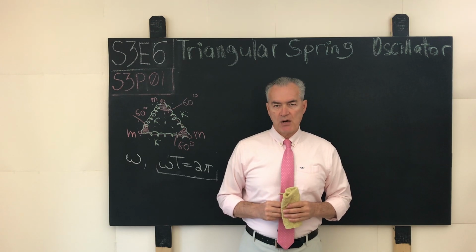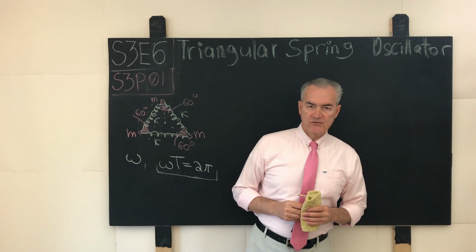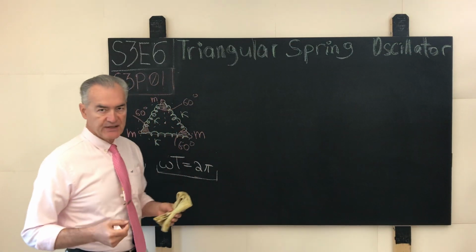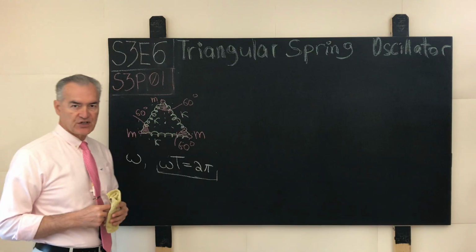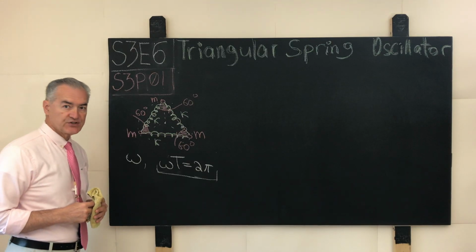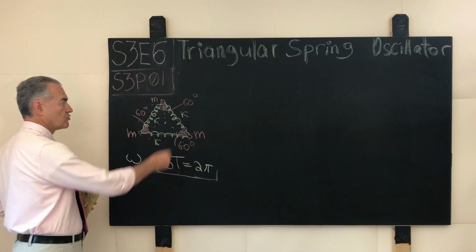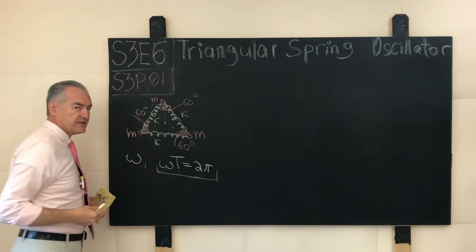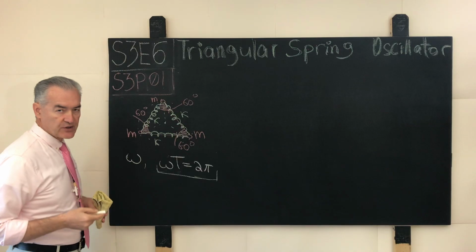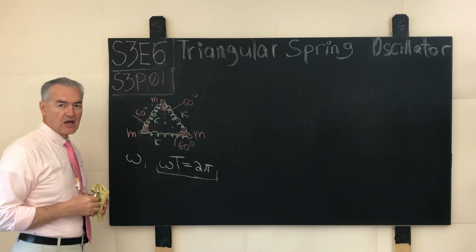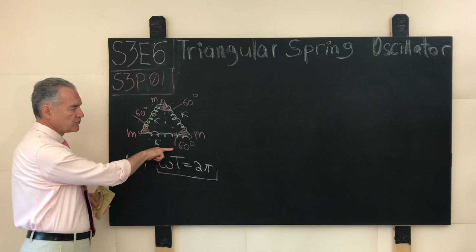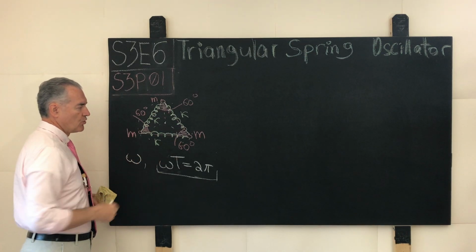In the physics problem S3P1, we're given three particles, or three point masses, three small beads or three small balls that are positioned at the vertices of an equilateral triangle as shown over here, and all these three particles are connected pairwise with three identical ideal springs as shown in the diagram over here on the left side of your screen.